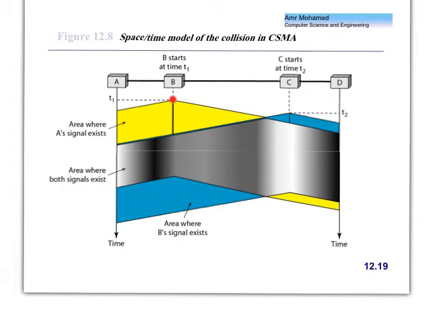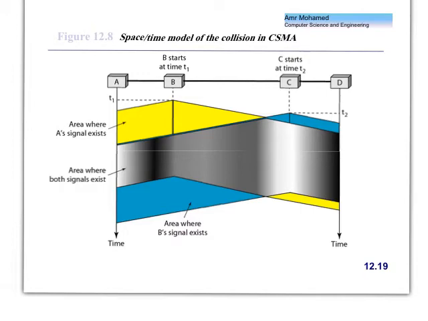B will send a frame in the form of a signal which propagates through the cable. While it propagates, it takes time. That's why this line is diagonal. It's not horizontal. Why? Because the signal does not travel over the cable in no time. It takes time, and here the time is, of course, on the scale of nanoseconds.